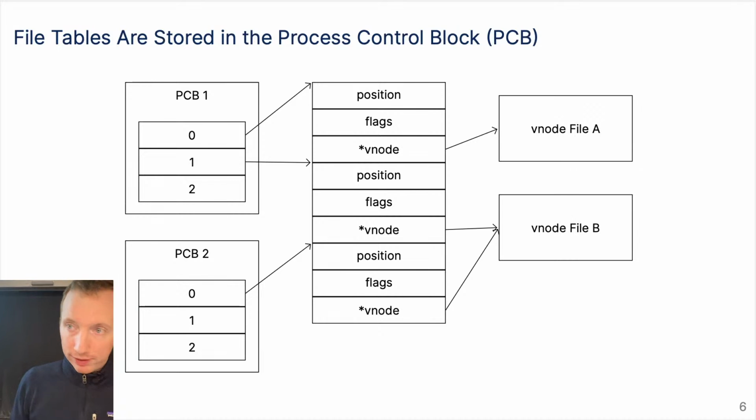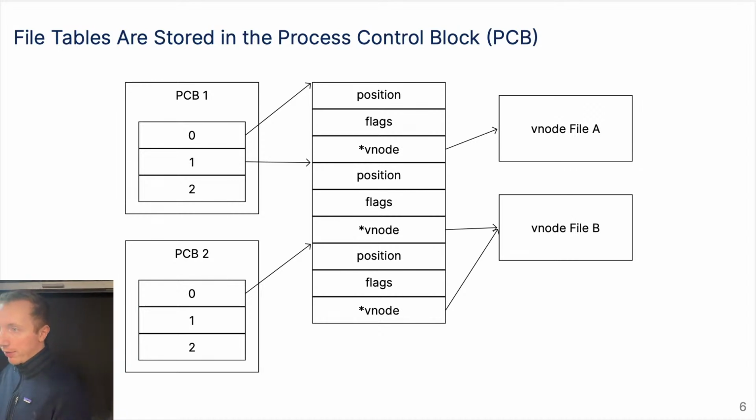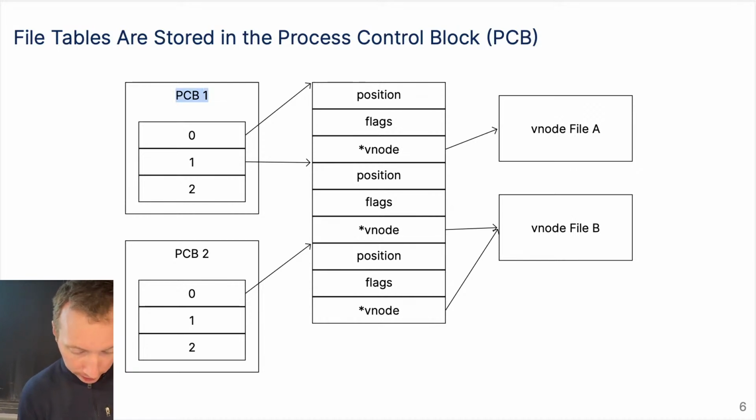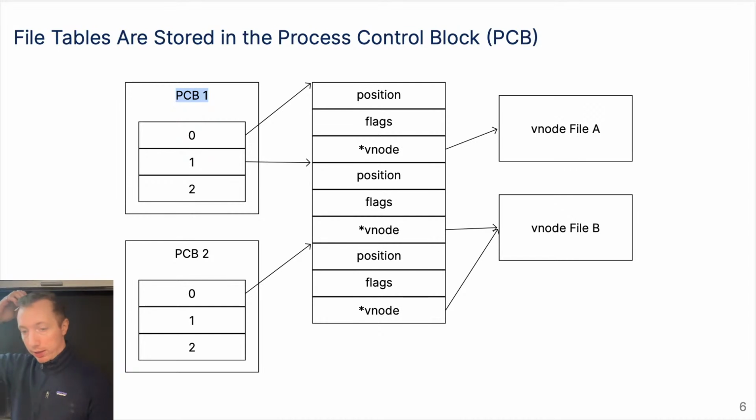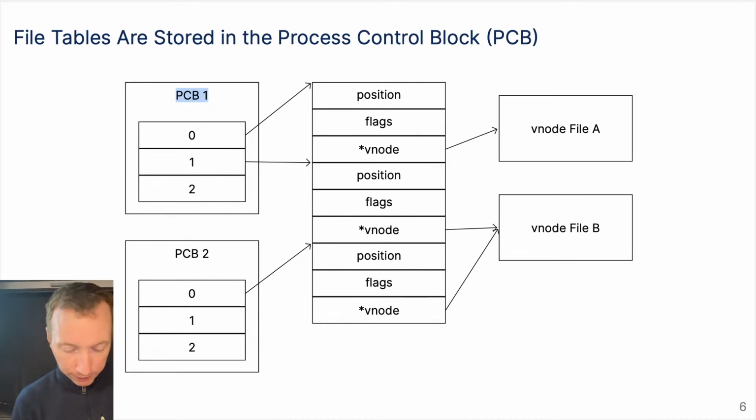So in this example, we have 2 processes, process 1 and process 2. In process 1, it's got 3 open file descriptors, but we'll only talk about the first 2. So the first file descriptor 0 could be pointing to this entry.